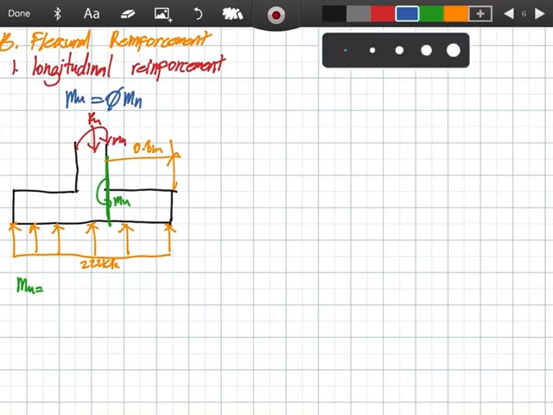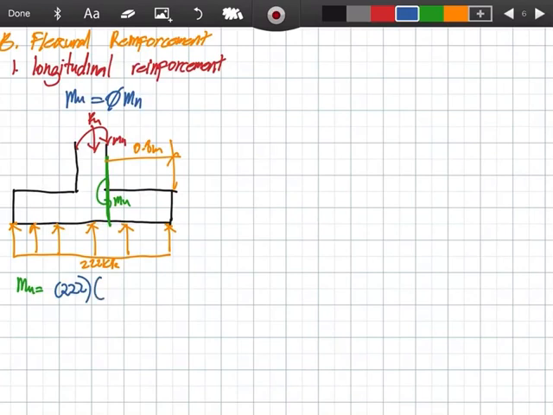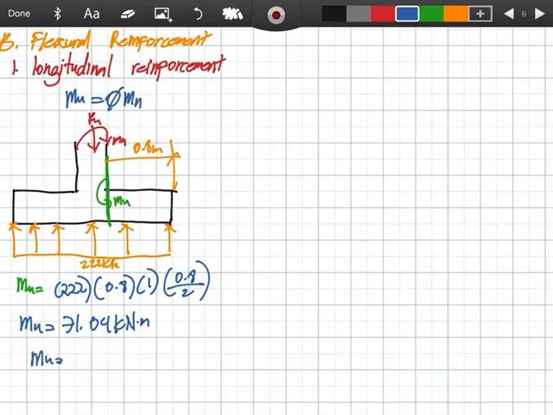So, Mu is equal to 222 times 0.8 by 1 times yung distance ng centroid, 0.8 over 2. So, Mu is 71.04 kilonewton meter. Okay, equate na natin to sa ating VMN para mapalabas natin ang ating rho.